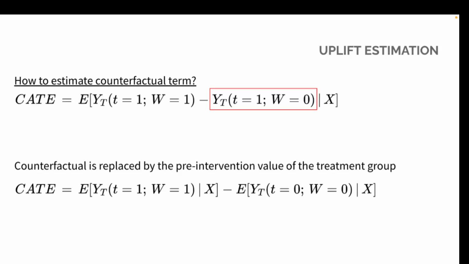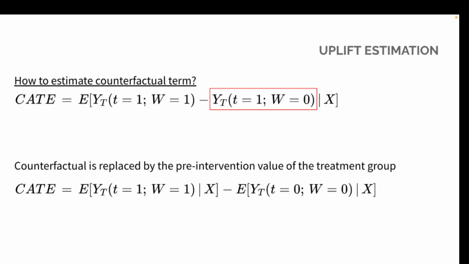That's why this is a bad approximation: I'm saying that whatever change I see before and after the intervention is due to the intervention. But that's not true, because y is changing anyway. Is this clear? Okay.